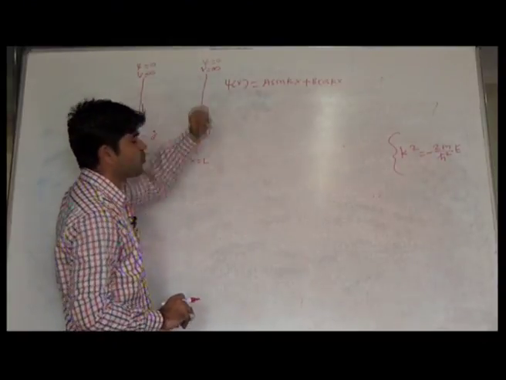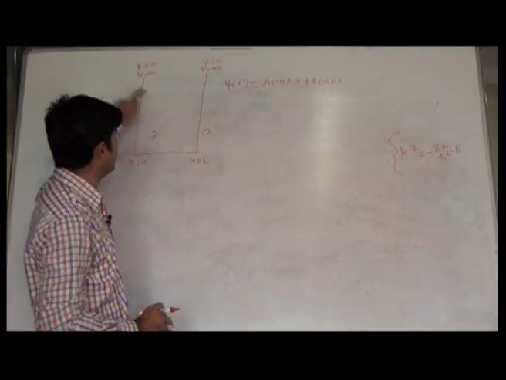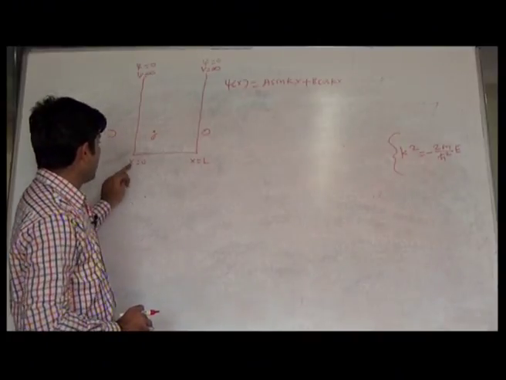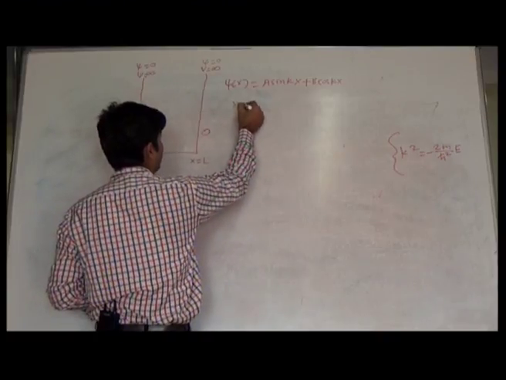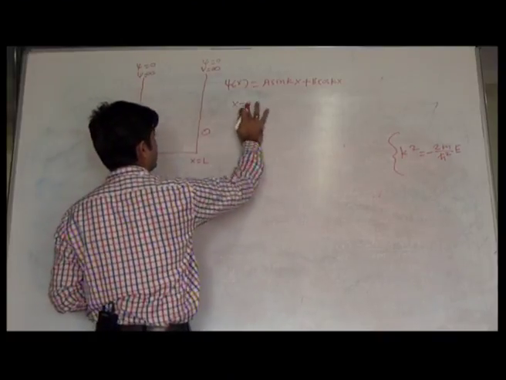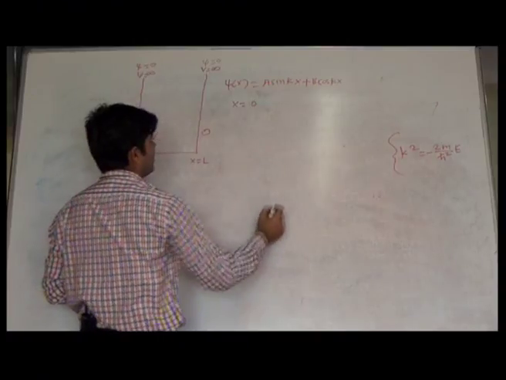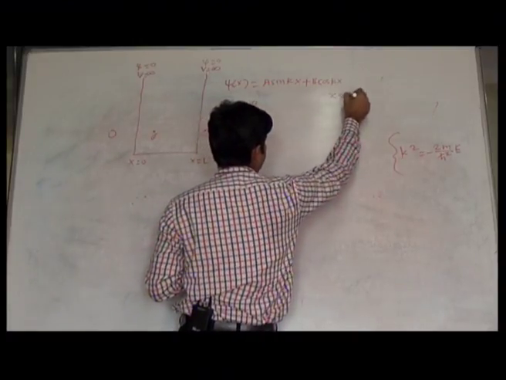There is no electron means the probability of finding the electron over the wall is equal to 0. So here we can write two boundary conditions: x is equal to 0, and the second one is x is equal to L.